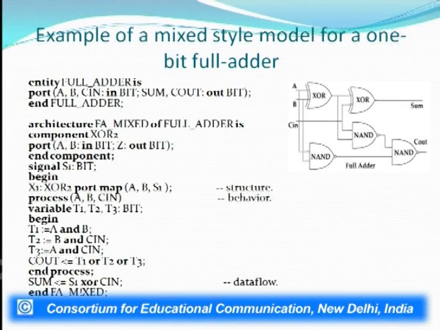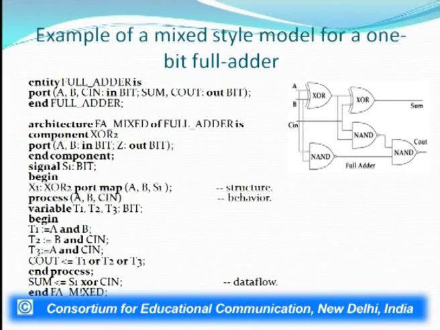It is colon equal to, as opposed to the symbol used for signal assignment, which is less than and equal to. So T1, T2 and T3 are defined as A and B, B and C in, and A and C in. Finally, C out is the ORing of T1, T2 and T3. So C out is T1 or T2 or T3, and finally end process.